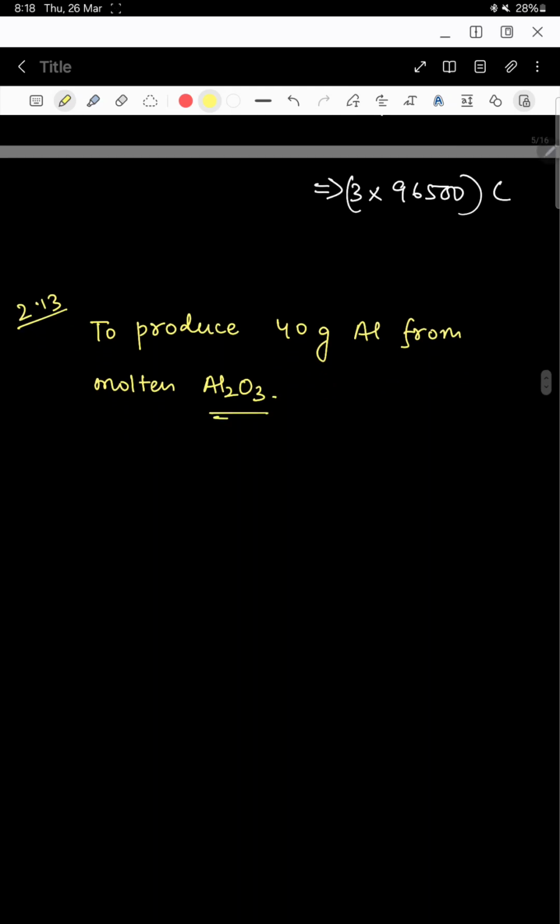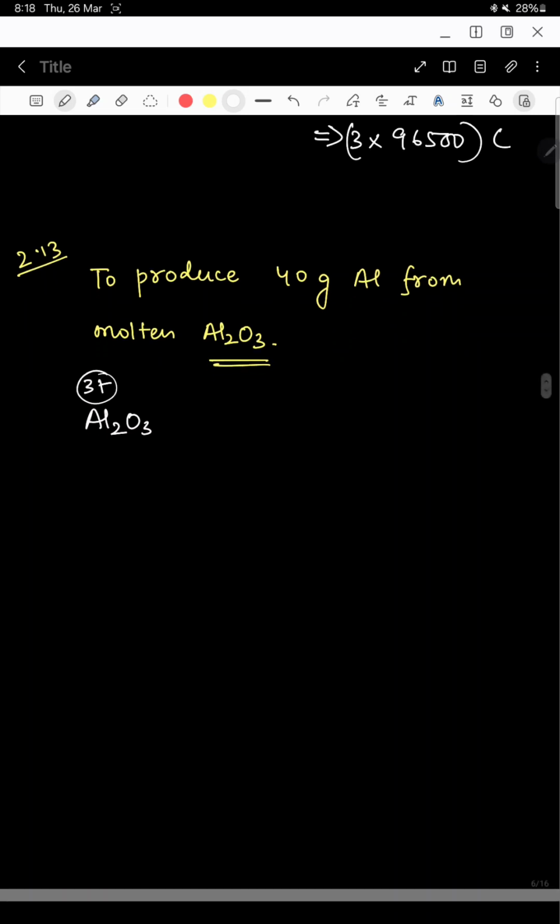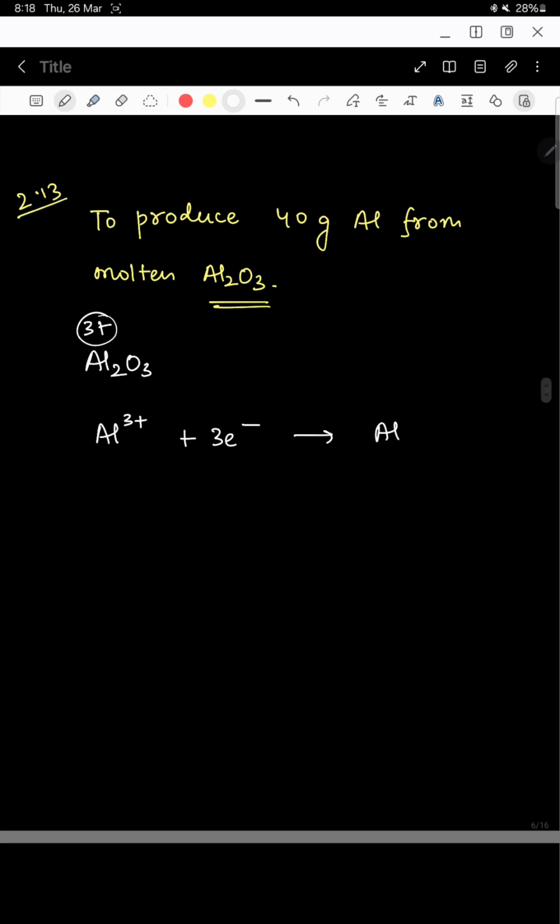So now again, if you see Al2O3, in Al2O3 aluminium is there in +3 state. Now Al3 plus will accept 3 electrons to give you aluminium metal.